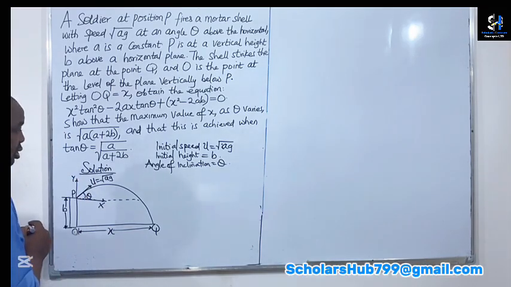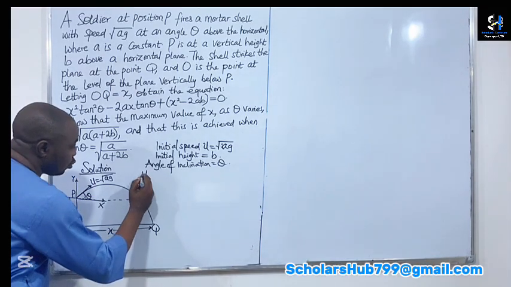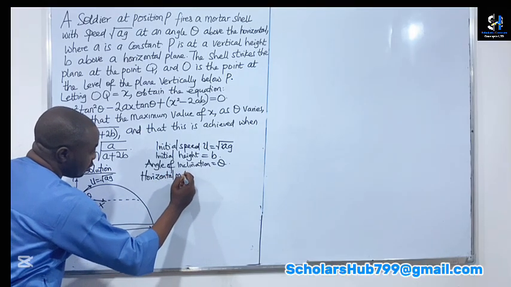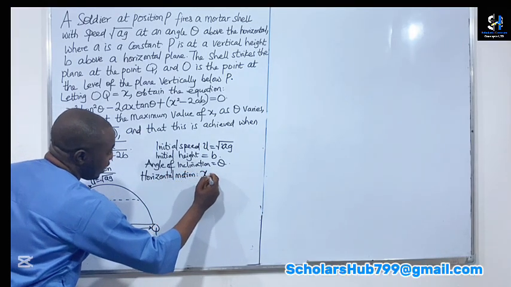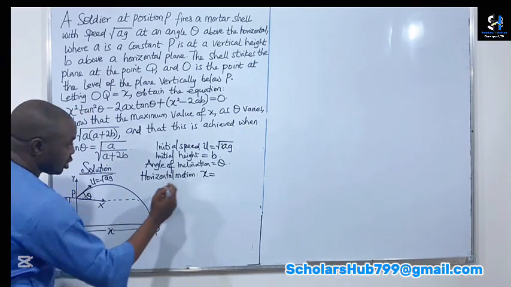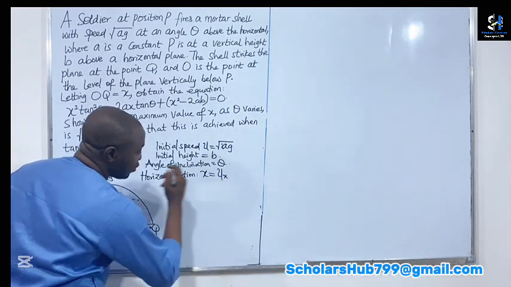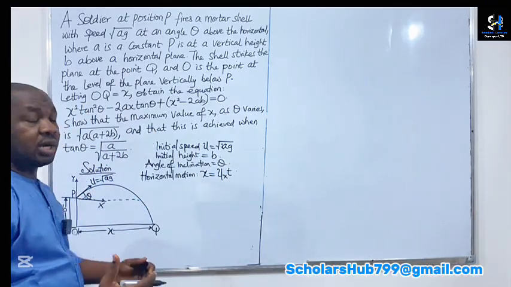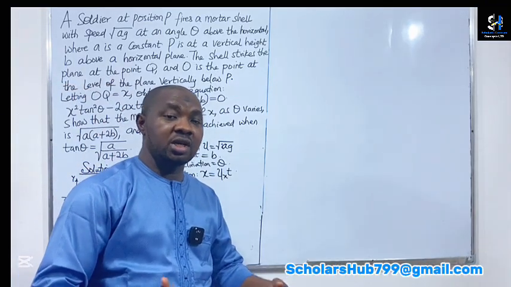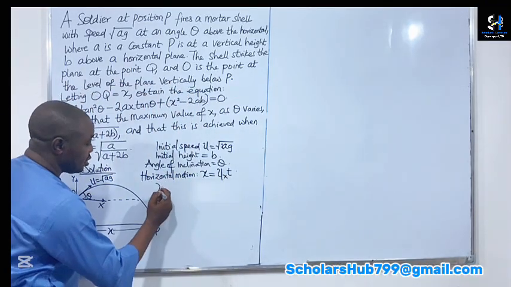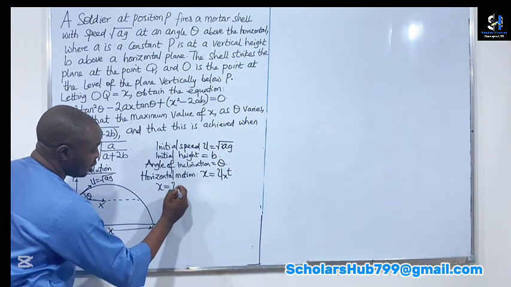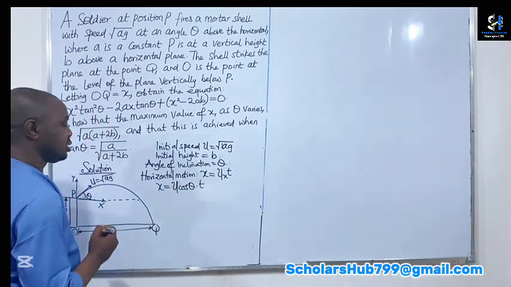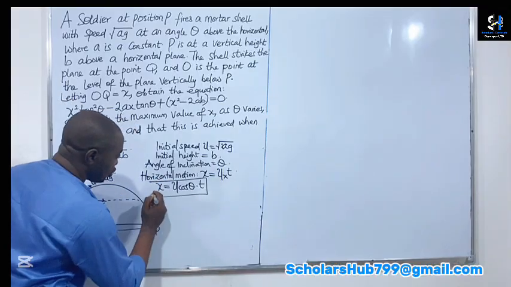For horizontal motion, we have x, the horizontal distance, equals the horizontal component of velocity multiplied by time, because we know that velocity measures distance over time. So the horizontal distance will be U cos theta multiplied by time t. Let's call this equation 1.